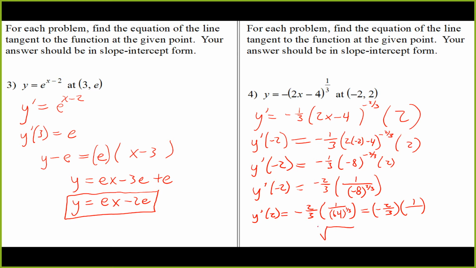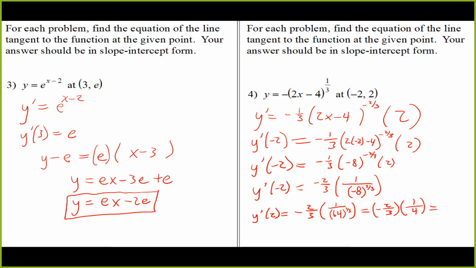Okay, if you're not sure, I've got cubed root of 64. I can rewrite 64 into factors. What numbers could I multiply by in order to get 64? 4. Okay. So 4 cubed is 64, so therefore 64 to the 1/3 power is 4.